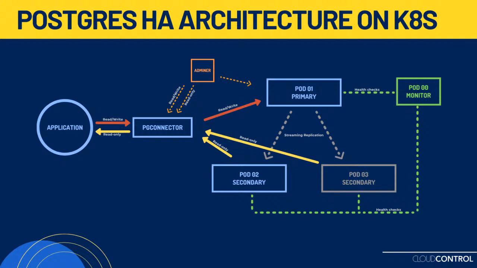We'll also verify that only one of them is acting as the read-write database and the other is the read-only. Now we will have two adminer windows pointing to the PG connector to make sure they are servicing the right type of endpoint for the applications to connect to.